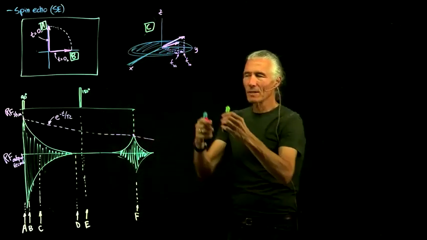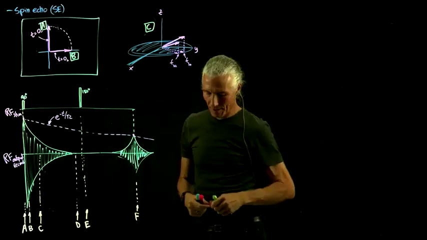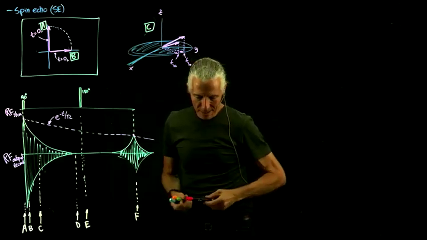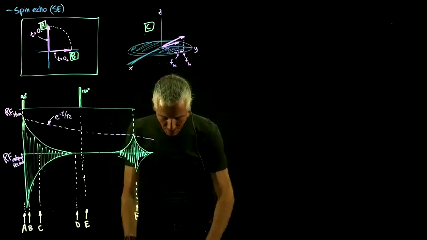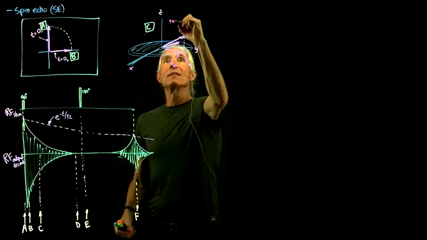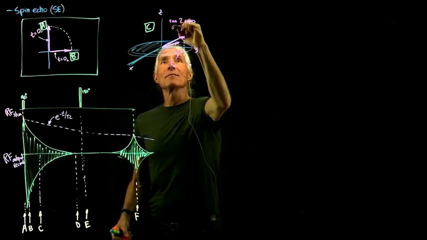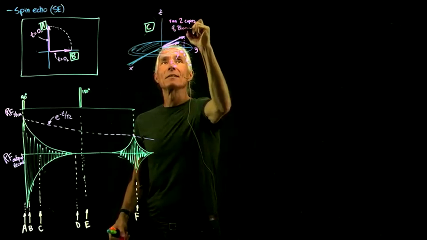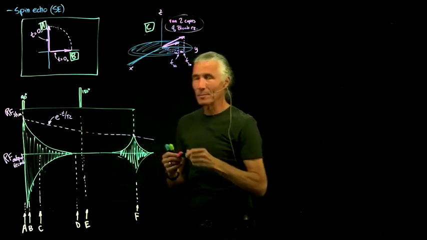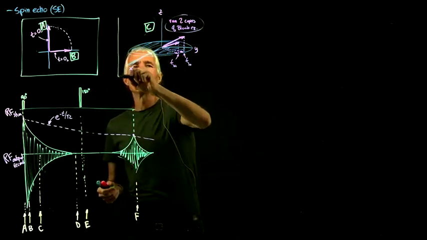And if they get out of sync with each other, when you add them all up, you get a smaller vector. So you can sort of think of this as, run 2 copies of the Bloch equation, so you got sort of 2 copies with 2 different B fields.